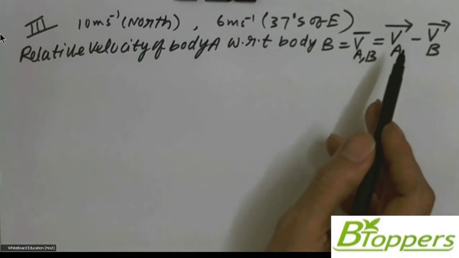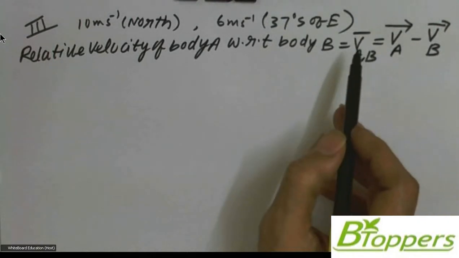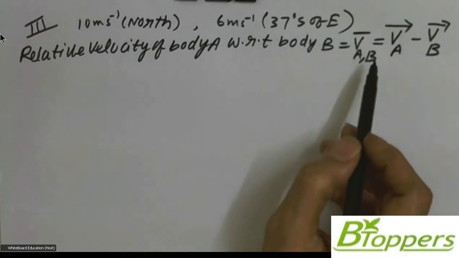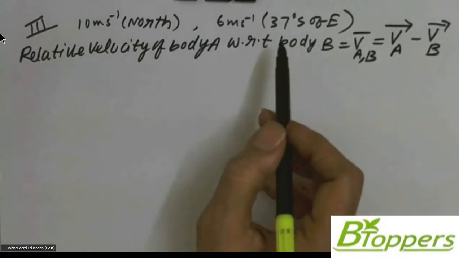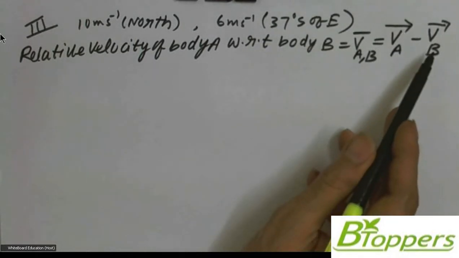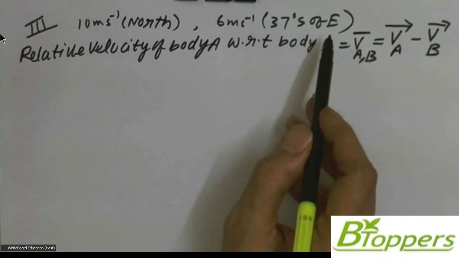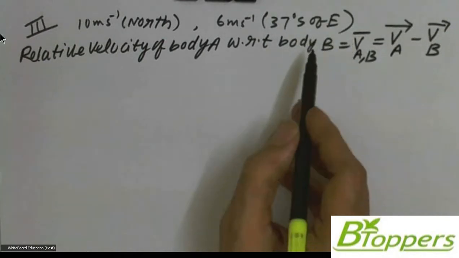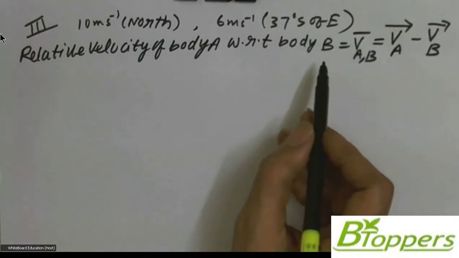You are asked to find the actual velocity of the body A. You are given the left hand side. That means you are given the relative velocity of A with respect to B as 10 meter per second towards north. Next you are given the velocity of B as 6 meter per second in the direction 37 degrees south of east. So you can carry minus VB bar to the other side.